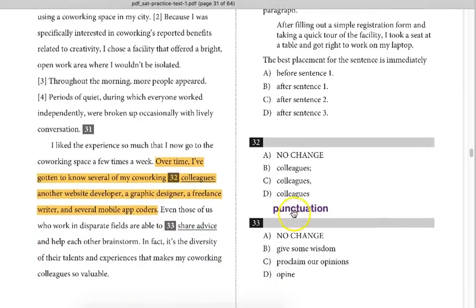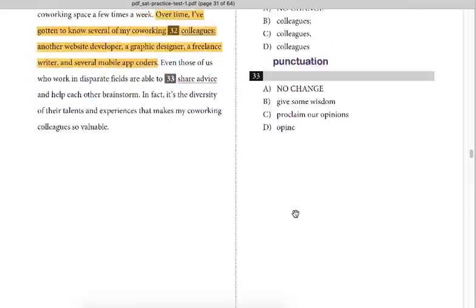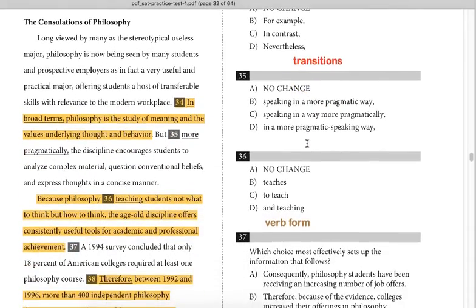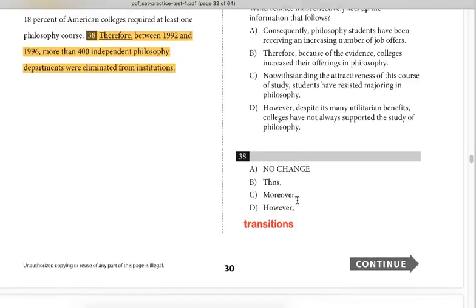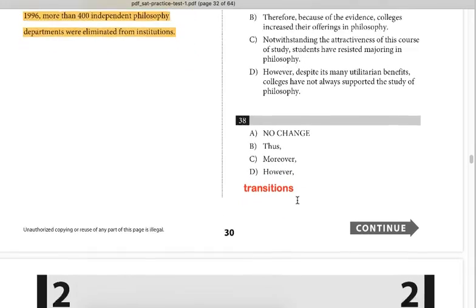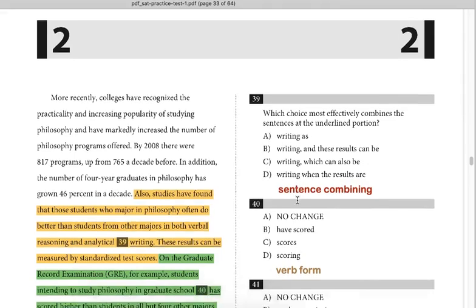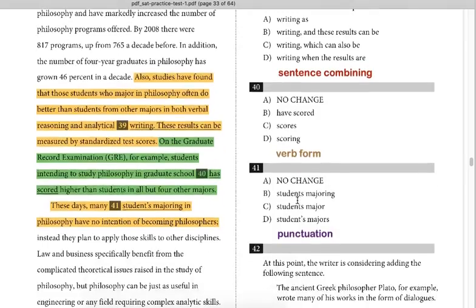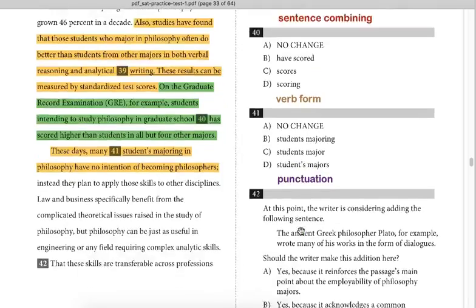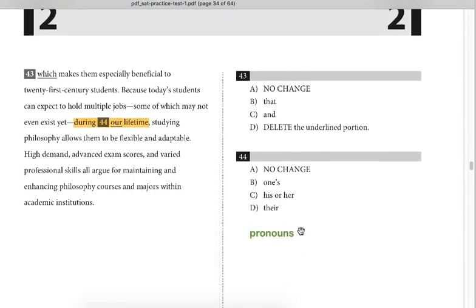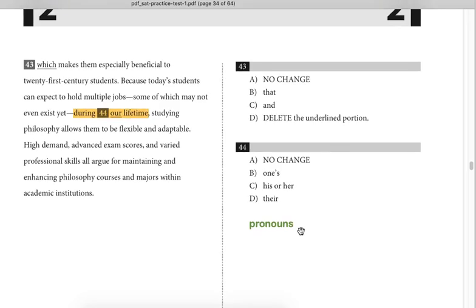But look at 32, again, a punctuation question. 34, another transitional element. 36, verb forms. 38, transitions. That's the problem in 38. 39, how to combine sentences. 40, verb forms. 41, punctuation. Okay? And 44, finally, pronouns.